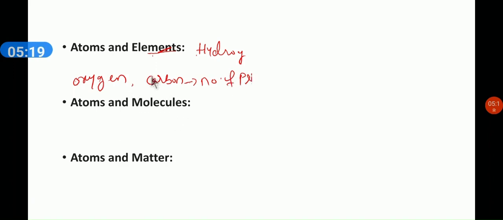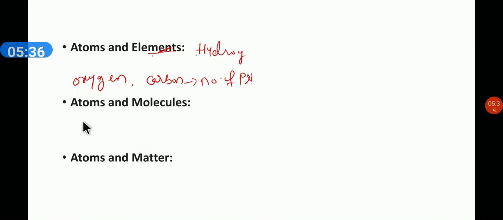Atoms of the same element can have different numbers of neutrons, which are isotopes.